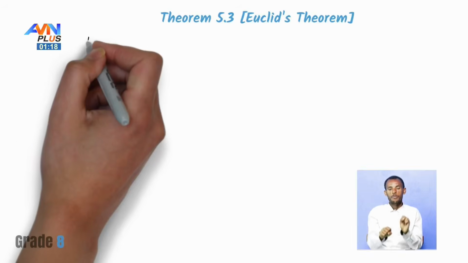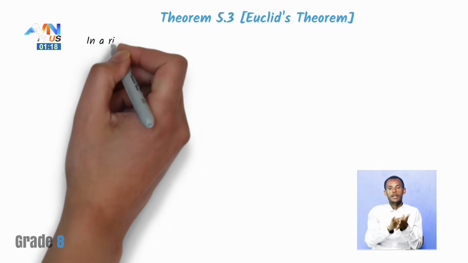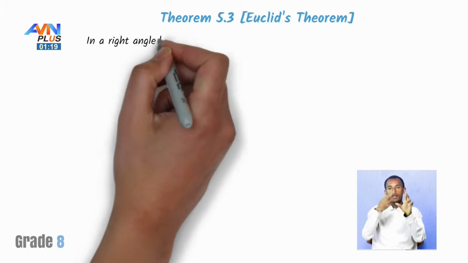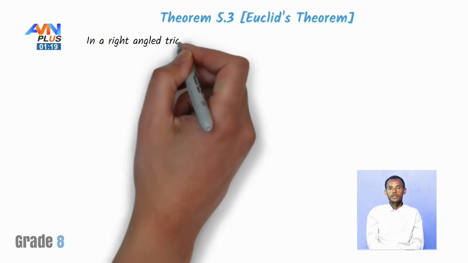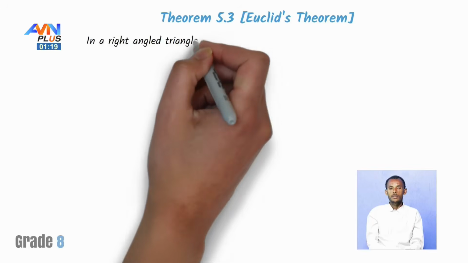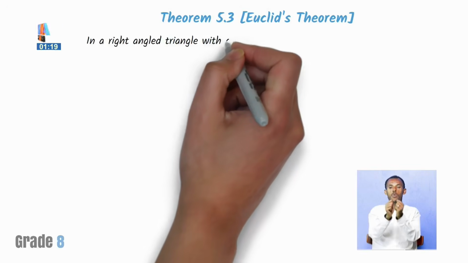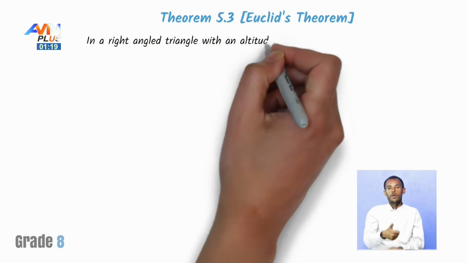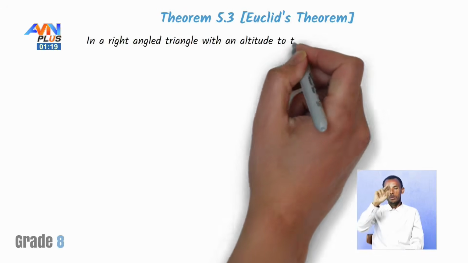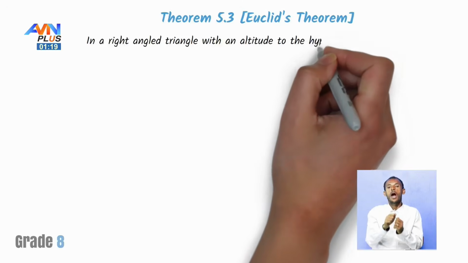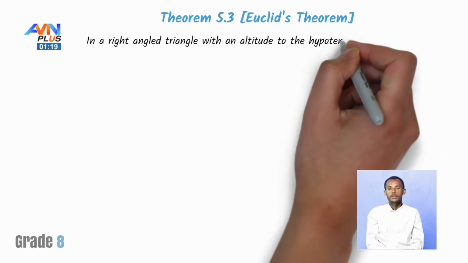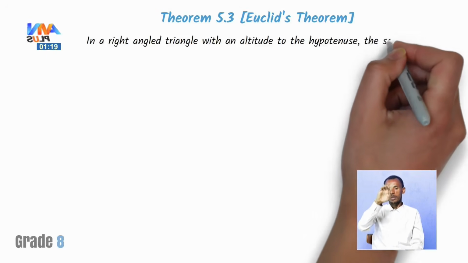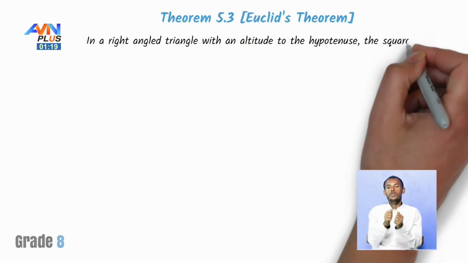So this theorem says in a right-angled triangle with an altitude to the hypotenuse, there should be a right-angled triangle with an altitude to the hypotenuse.